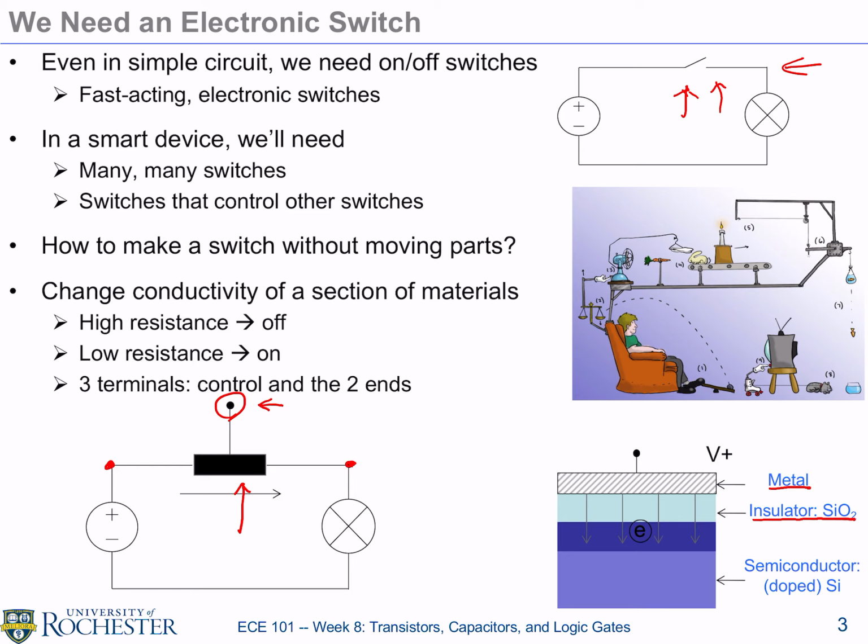You can imagine why free electrons will want to move towards the region, against the field lines of the electric field. So that may change the concentration of this area right under the insulator. Because of the insulator, these electrons wouldn't go across the barrier.